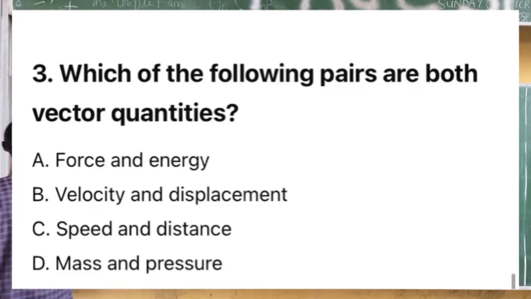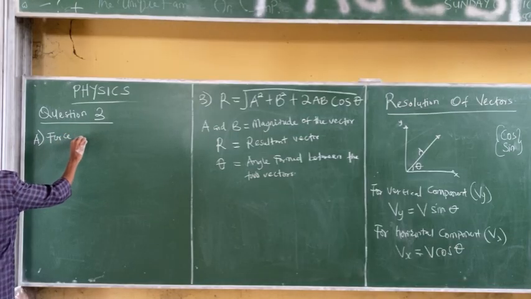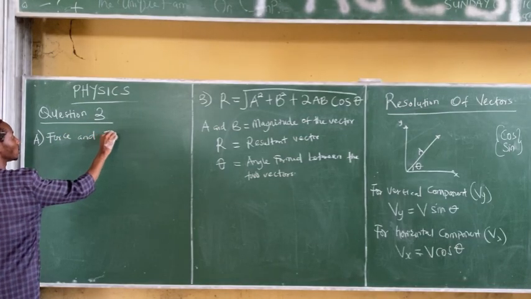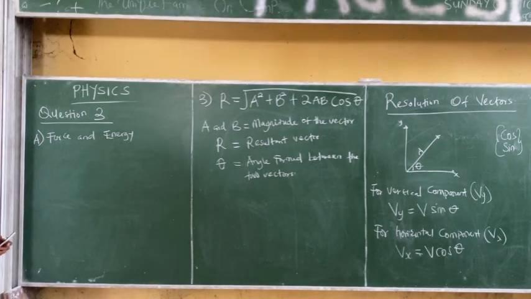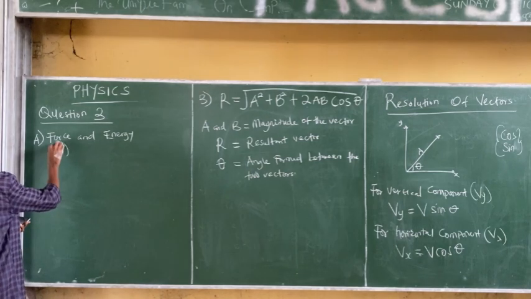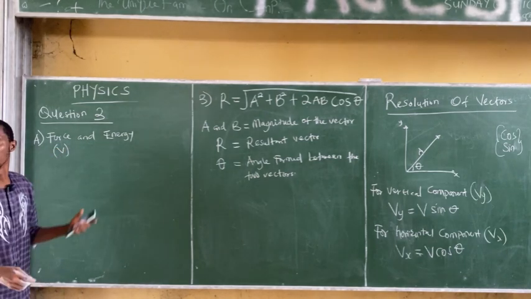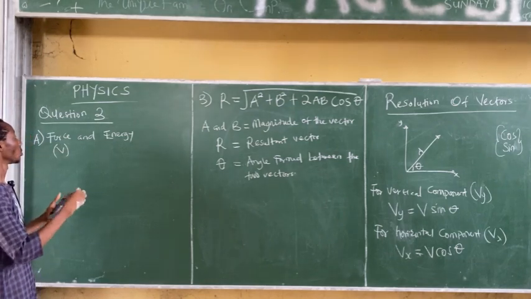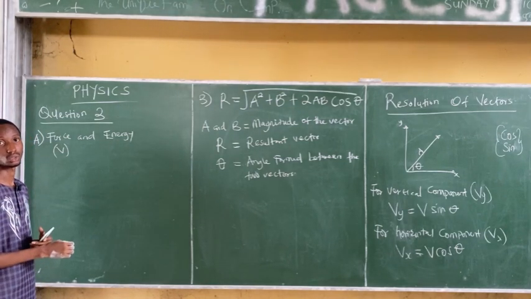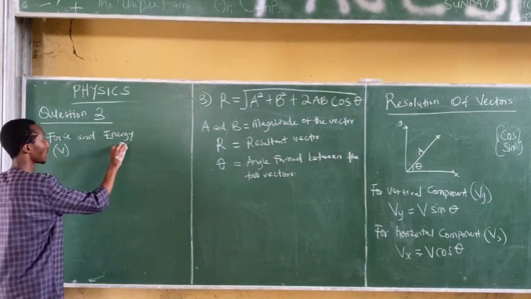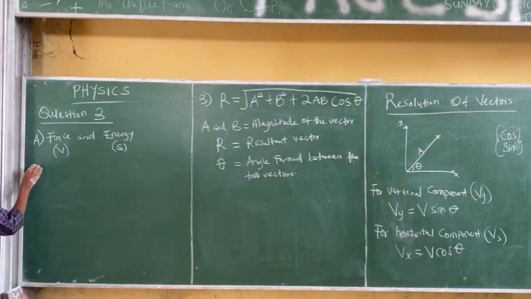The first option says force and energy. Force here has both magnitude and direction. Force is a vector quantity. Now when you come to energy, energy has only magnitude. Energy does not have direction. So energy here is a scalar quantity.